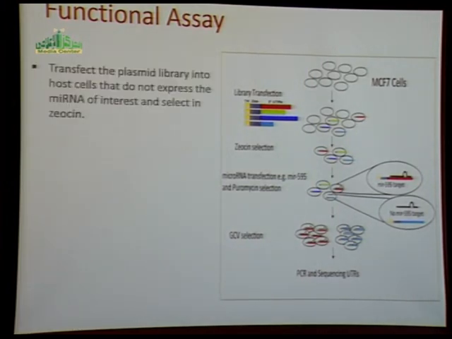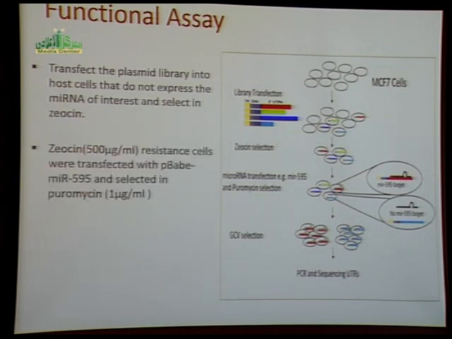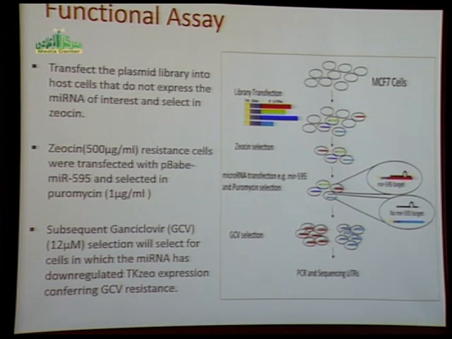In the beginning of this assay, we transfect a cell line which is easily transfectable, such as MCF7 cells, and this cell line doesn't express the microRNA of interest. We did around 25 transfections with the cDNA library, and then we started zeocin selection. The zeocin-resistant cells were then transfected with another vector which has the microRNA cloned in and has puromycin sensitivity, and the puromycin-resistant cells were then selected with ganciclovir, GCV.